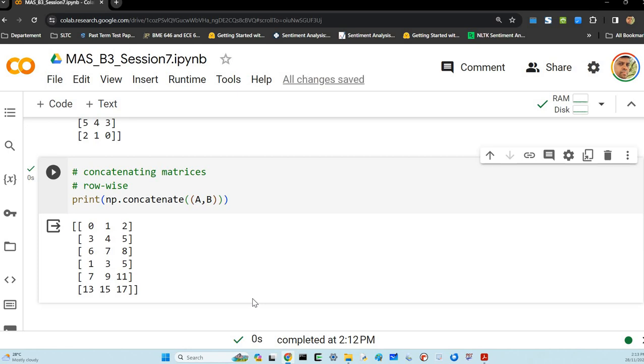So you have the same number of columns. Let's say you have two data sets. You want to combine them into one. We can use this command, which will combine two matrices together.